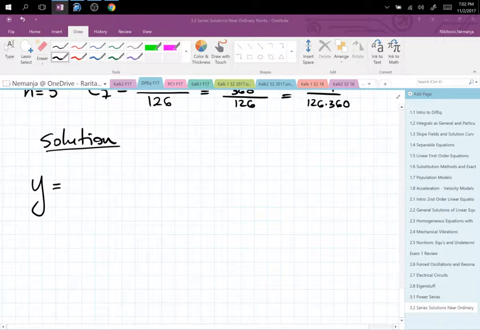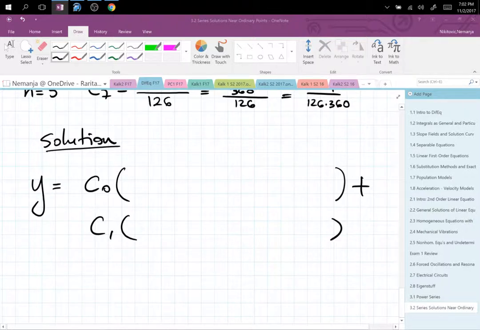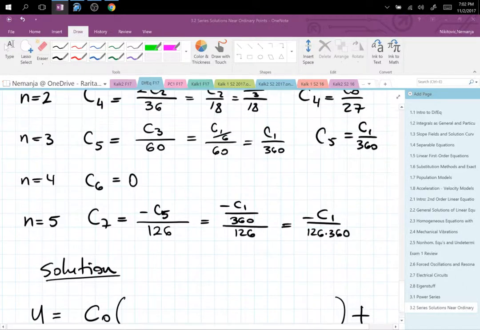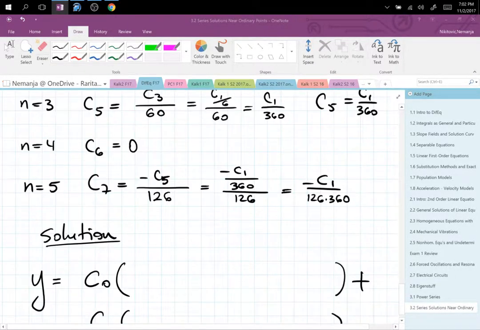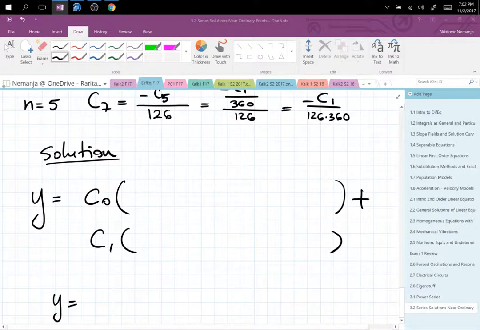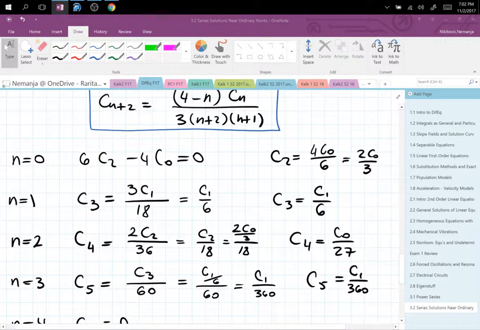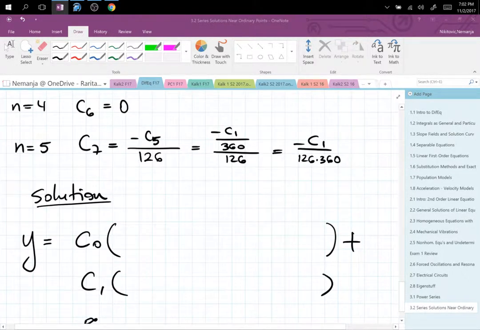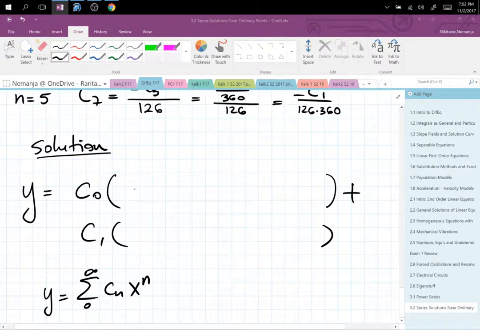So I have to do c0 times everything that goes with c0 plus c1 times everything that goes with c1. So for n equals 0, we are remembering that y was given as this. So c0 on the first one, what does c0 have? Oh, c0 has nothing, it's just the first term is the first term. So x. No, 1. Because x to the 0 is 1.